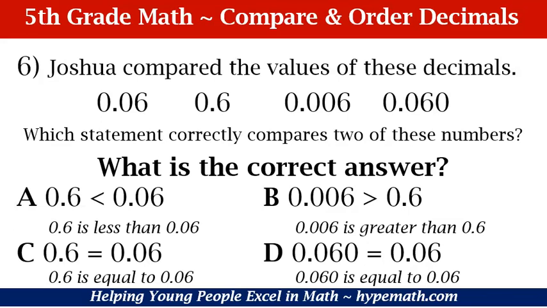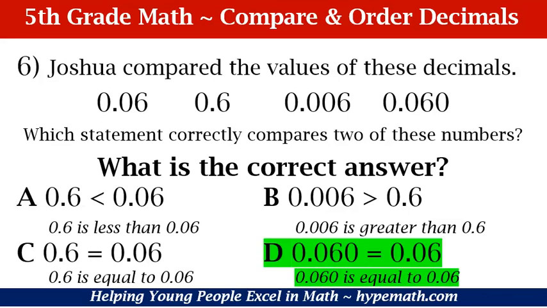What is our correct answer? Our correct answer is D. 0.060 is equal to 0.06. Now, you may be thinking to yourself, how is that correct?